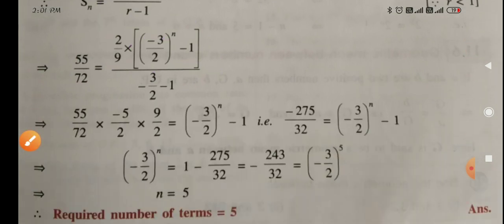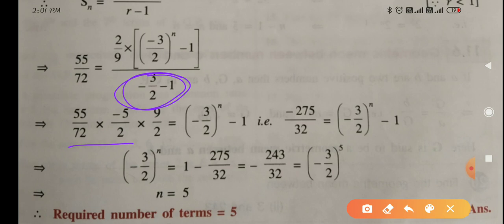Now how can you simplify it? You see, this denominator will come minus 5 upon 2, and in cross multiplication with 55 upon 72 it will go in multiplication. So 55 upon 72 multiplied by minus 5 upon 2 multiplied by 9 upon 2, because in the numerator 2 upon 9 is written.